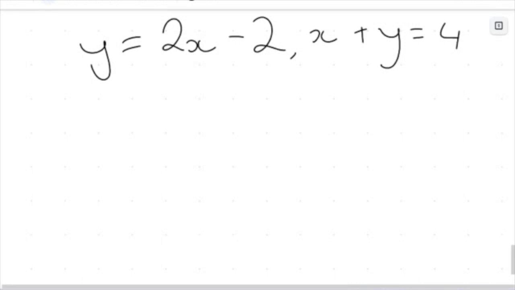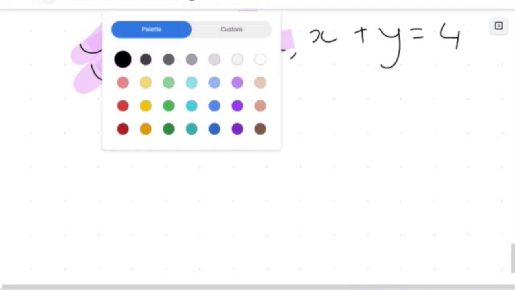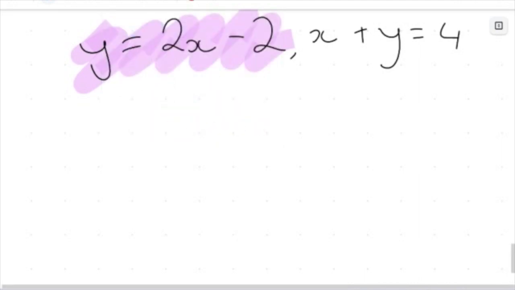Now, let's have a look at finding first a way to sketch out this particular equation here. In a previous video, I looked at a strategy for sketching these by finding x and y intercepts. So that's what I'm going to do to sketch out this first line. So my y-intercept, I'm going to write y equals 2x minus 2.